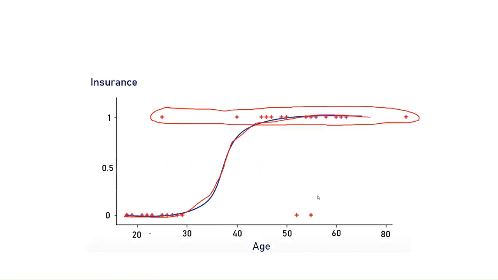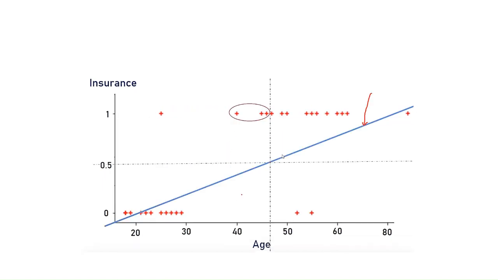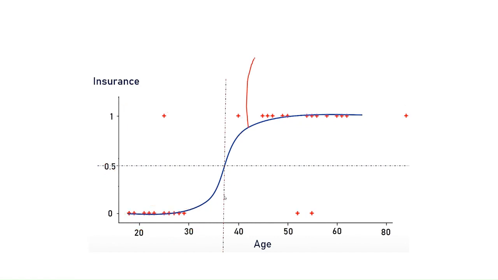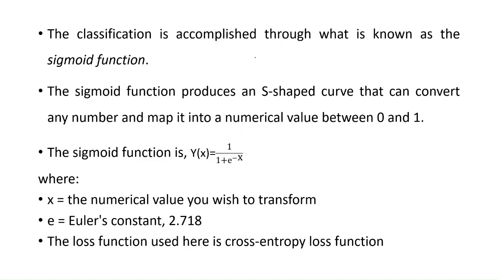This is the reason we are not using linear regression for classification, but we are using the S-shaped curve. This S-shaped curve is known as the sigmoid function.